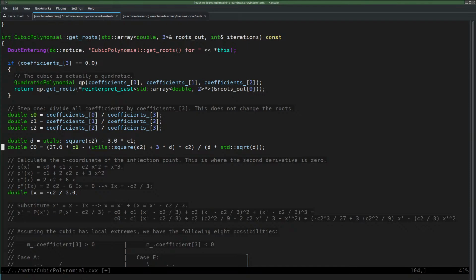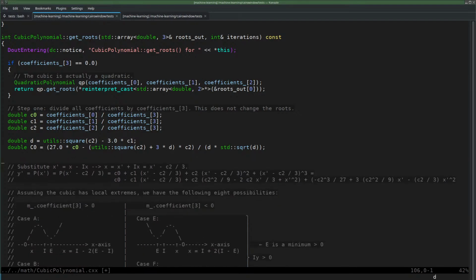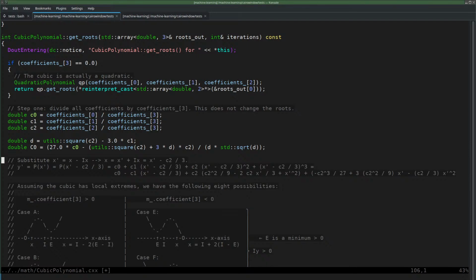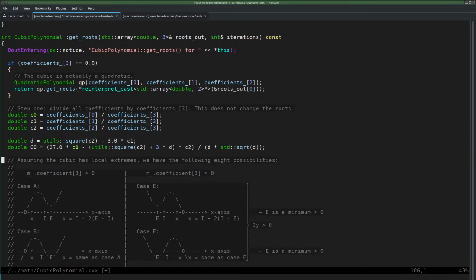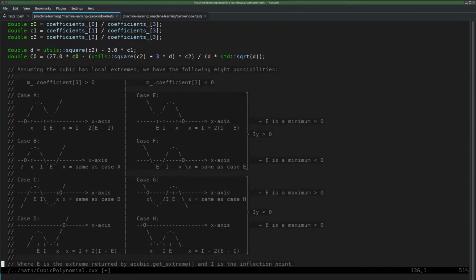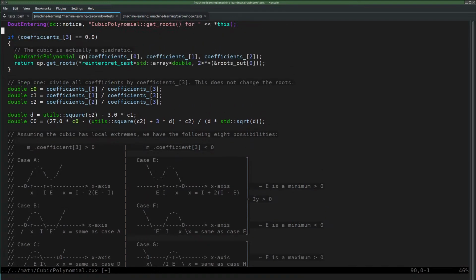Okay, so this formula already incorporates the inflection point shift. So this can be removed, and this can be removed. D was just a temporary. Maybe this requires a comment.